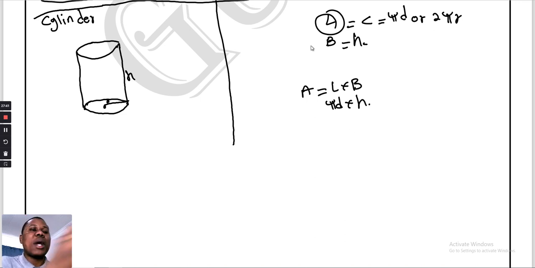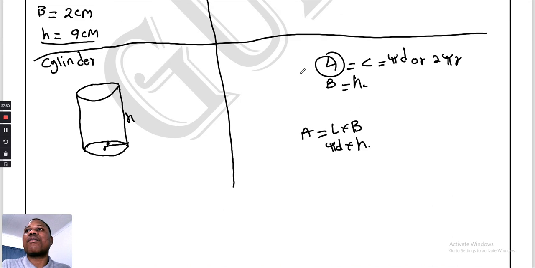Okay, but when you observe our cylinder, we have a circle and we have a circle, meaning that when we calculate the total surface area of a cylinder it is equal to 2 pi r squared plus, we can open brackets, pi d multiplied by height.